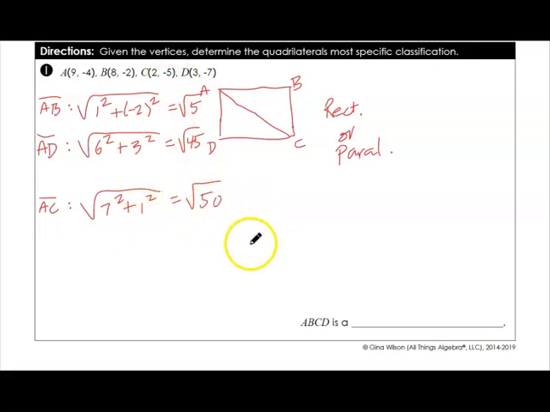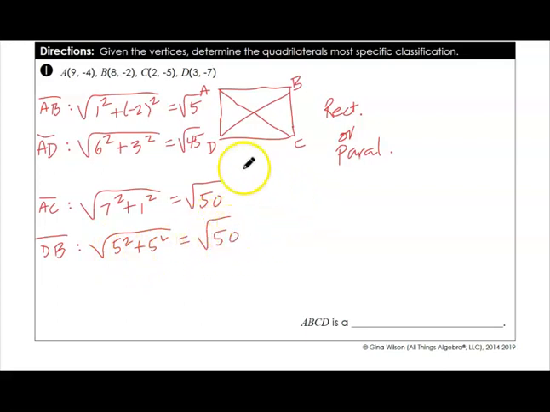So that's going to be the square root of 50. Okay, now let's find DB, or BD: 8 minus 3 is 5 squared, plus negative 2 plus 7, also 5 squared. Square root of 25 plus 25 is 50. So we've proven that these diagonals are congruent. So we now know that this has to be a rectangle. So ABCD is a rectangle.